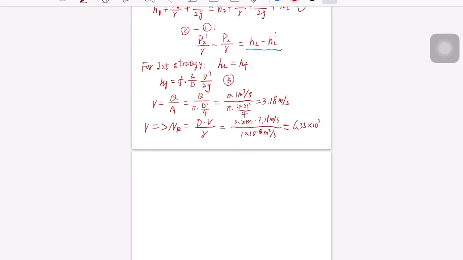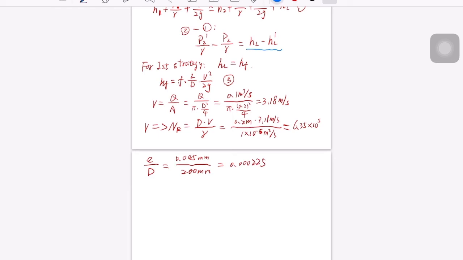And because we know this is commercial steel pipe, the relative roughness equals 0.045 millimeter divided by 200 millimeter. So value is 0.000225.